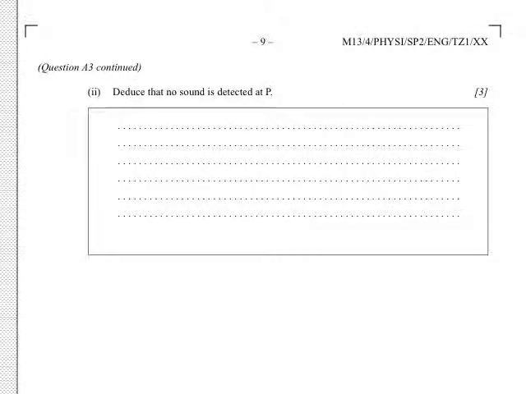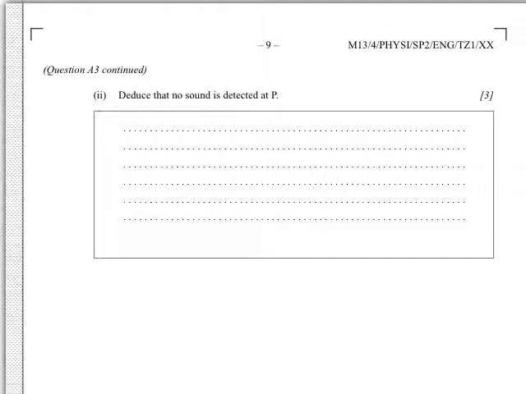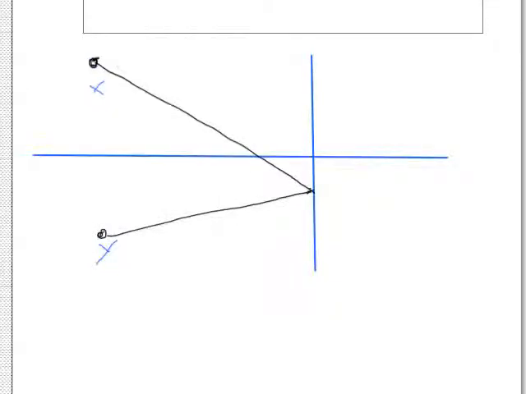Okay, we need to deduce now in this third question that no sound is detected at P. So if I draw this out again, okay, so I've drawn it out here.